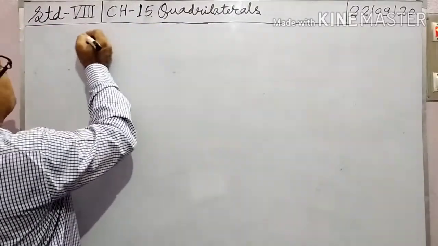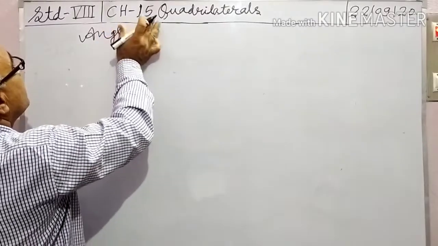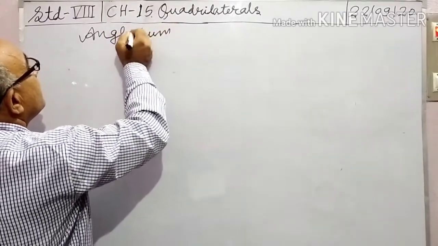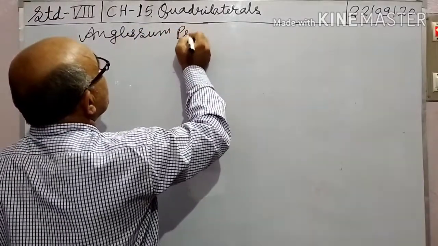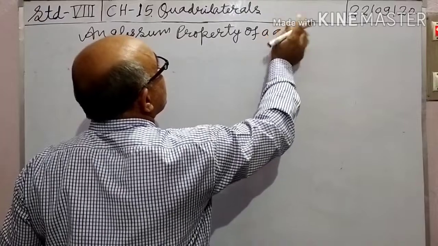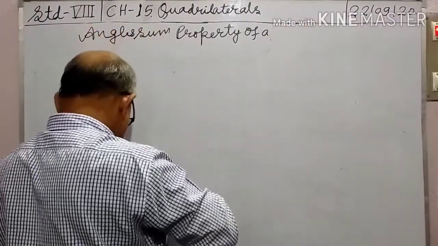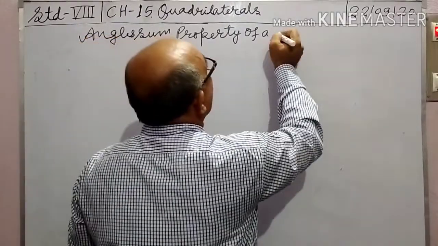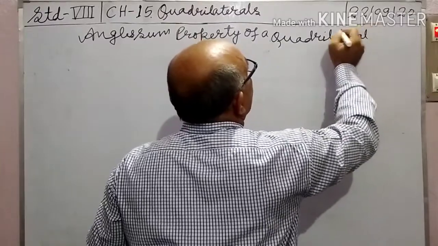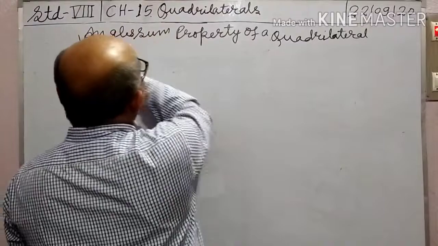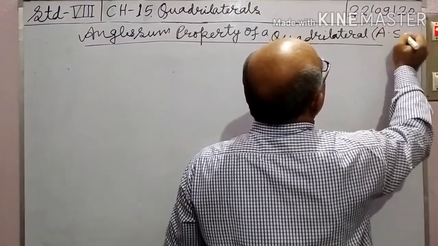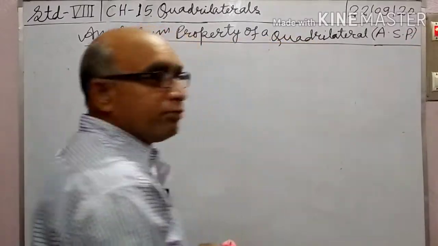The angle sum property of a quadrilateral, in short form, is ASP.